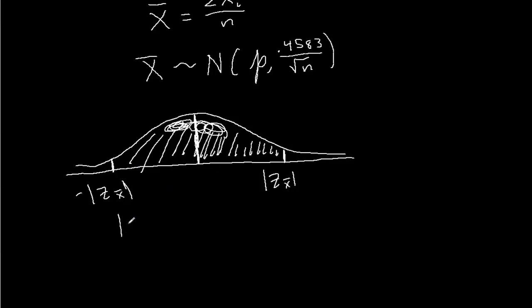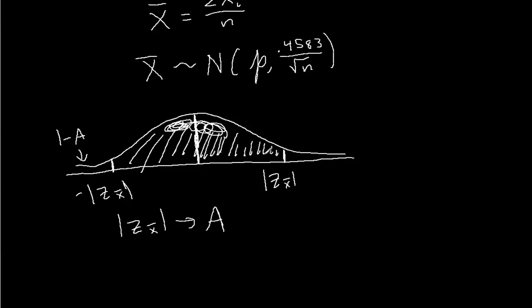So we look up the absolute value of that z-score on a table, and that gives us some area A. But that area A also includes this tail over here, and the area of this tail is 1 minus a, because a gives you the area all the way to the left from this line. So the area out to the right is 1 minus a, since the total area is 1, and this area on the right side is equivalent to this area on the left side.